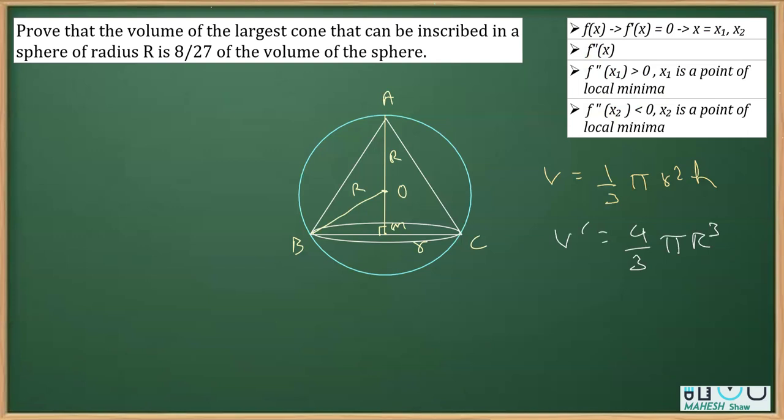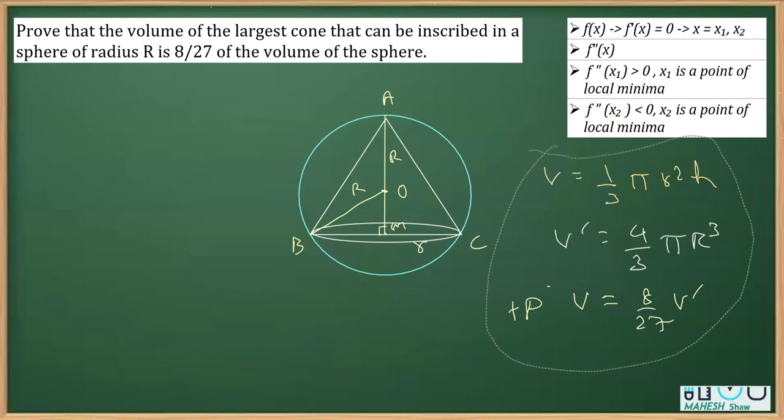So in fact what we have to prove is that V, the volume of the cone, is 8/27 of the volume of this sphere. This is what we need to prove here.